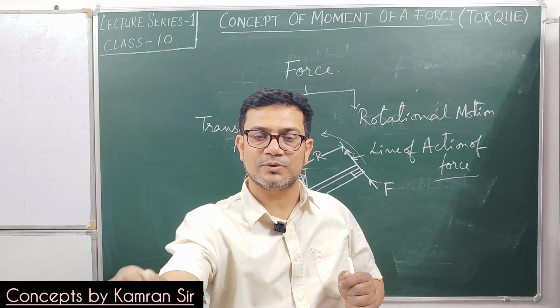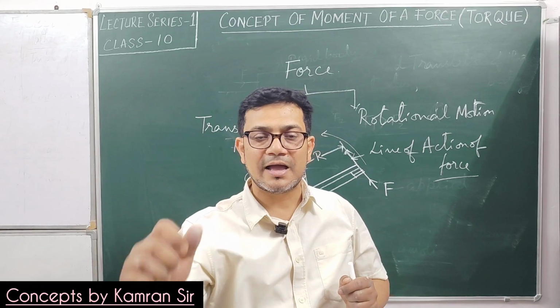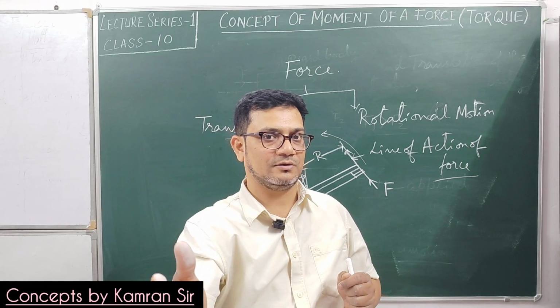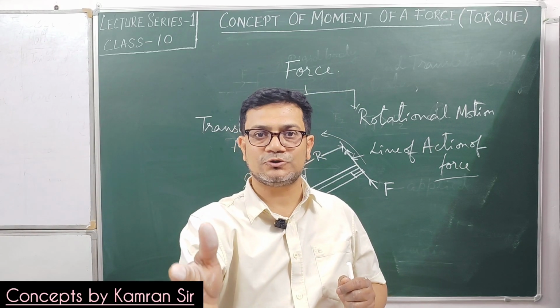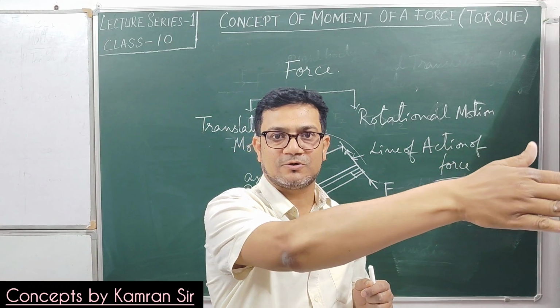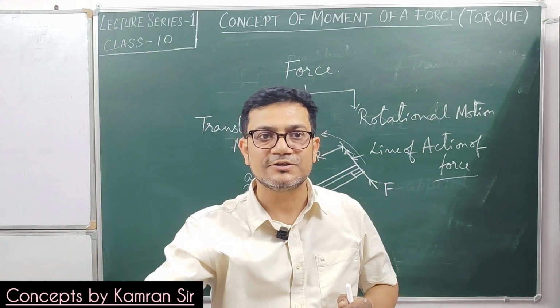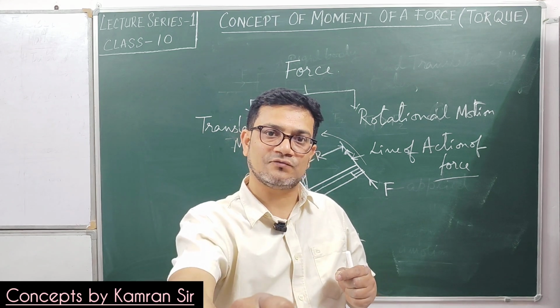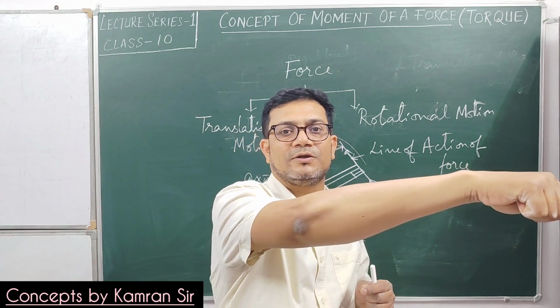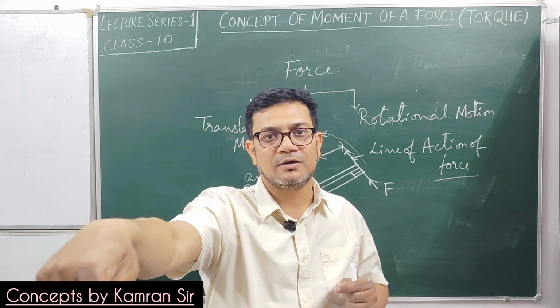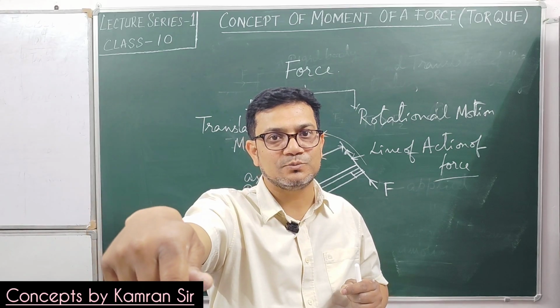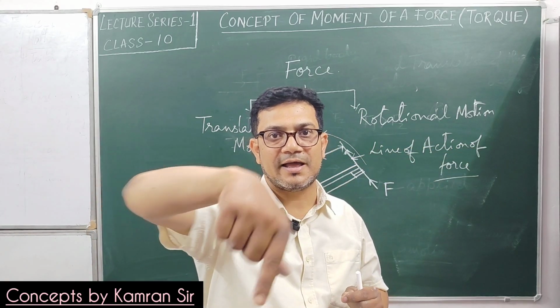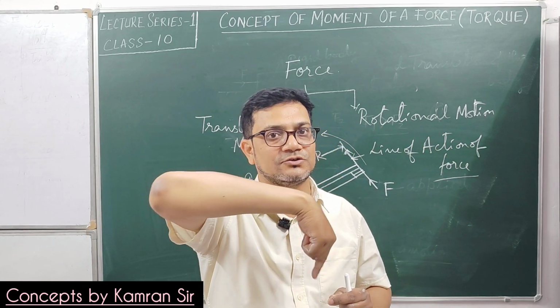Then you drive that animal. The only motion that animal can traverse is going to be rotational motion. Why? You have fixed one end and the length is also fixed, so the only option left for the animal is to move around it. And that's what is known as rotational motion.